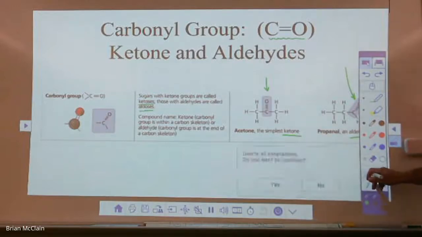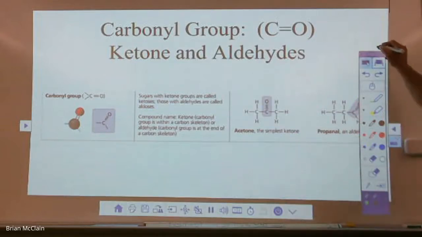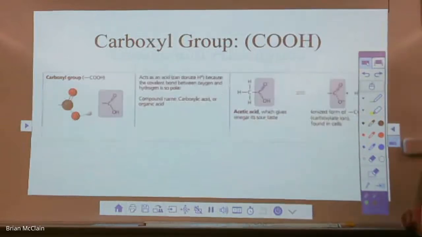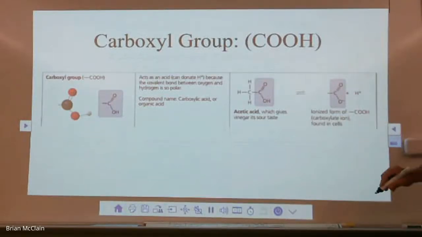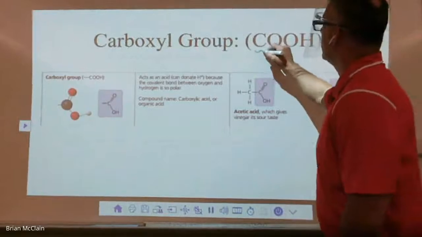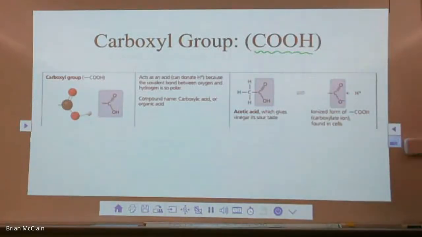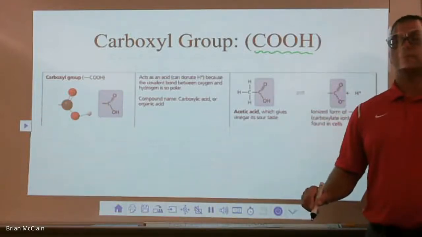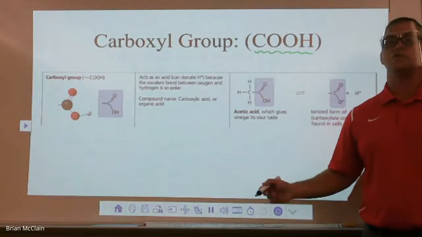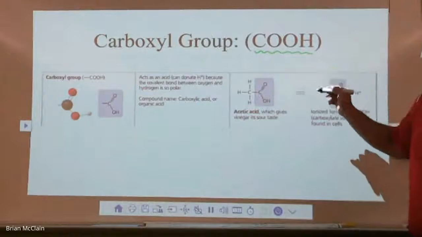All right. So moving on, our next one is called the carboxyl group. Now, carboxyl is oftentimes, if you're looking at a formula, written out as COOH. So they don't write it necessarily CO2H, even though there's two oxygens. It's oftentimes written as COOH.